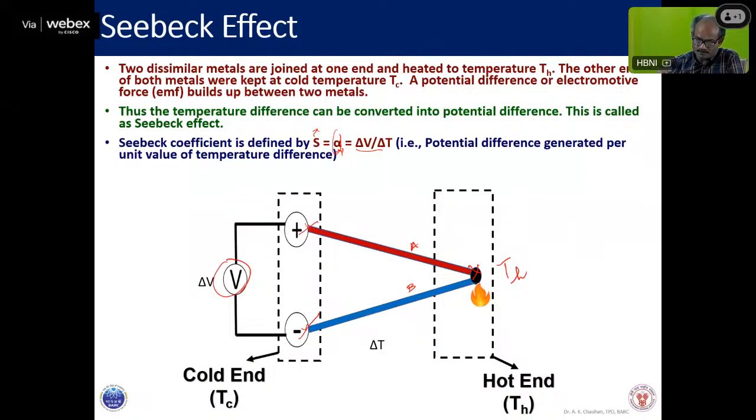The Seebeck coefficient is the potential difference generated per unit value of the temperature difference. So we have one hot end, one cold end, and there is a temperature difference of delta T. So a potential difference delta V is generated.